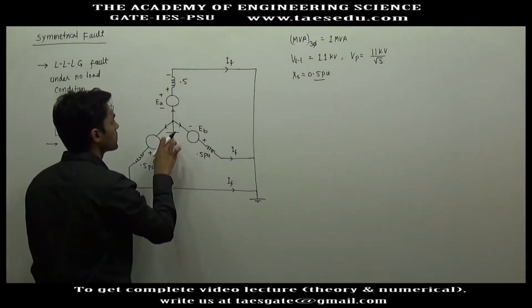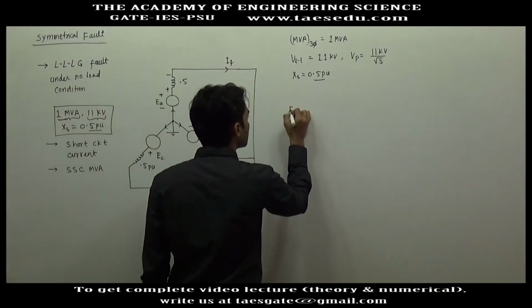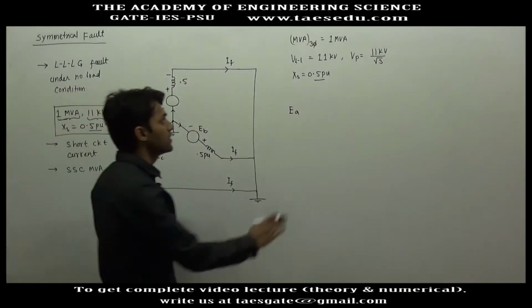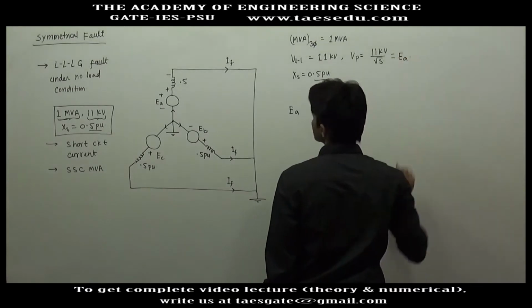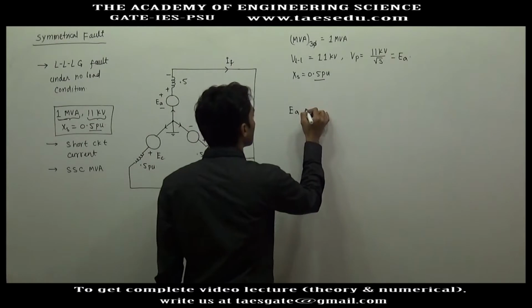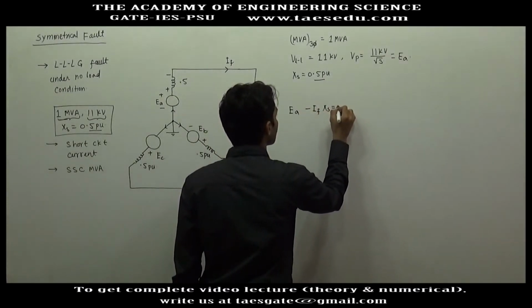Starting from this ground, you will have a gain of EA, and EA is nothing but the phase voltage. EA will be 11 kilovolt divided by root 3, minus fault current into XS, this will be 0.